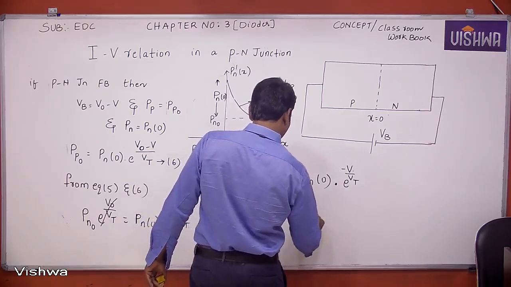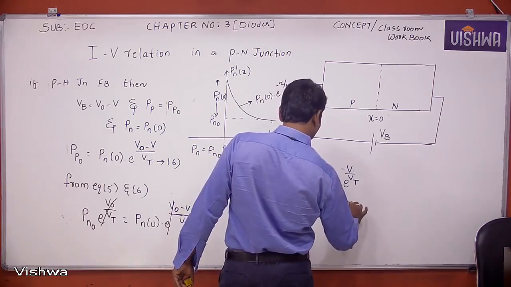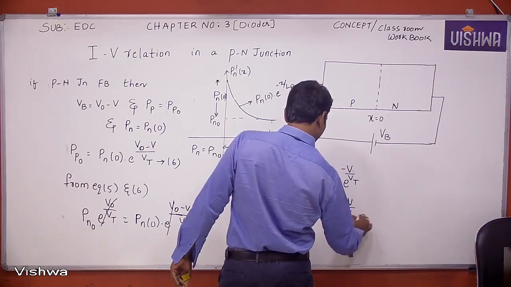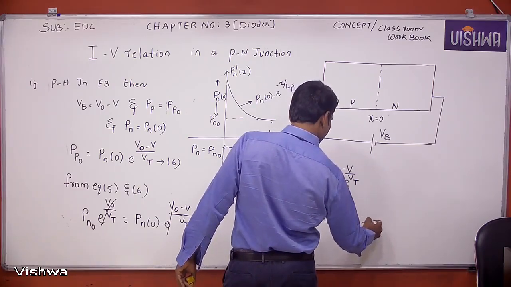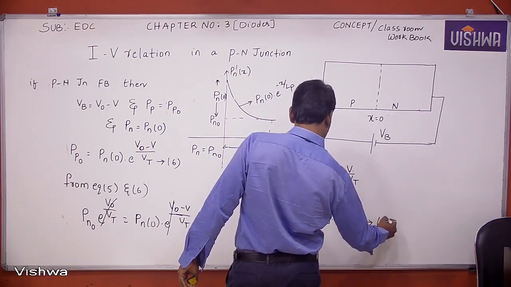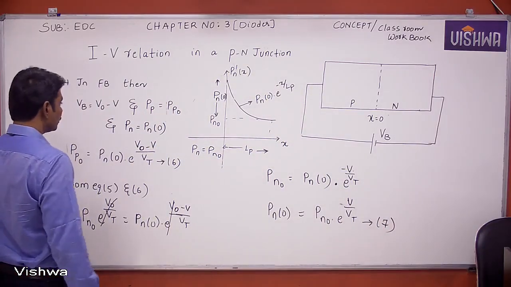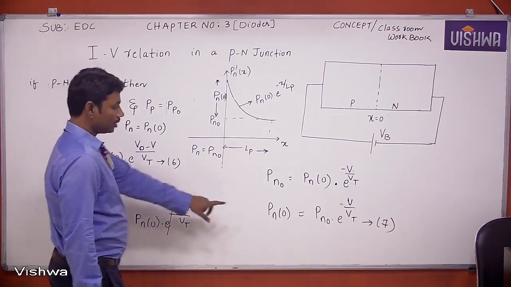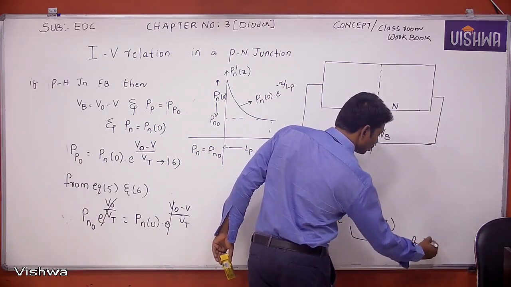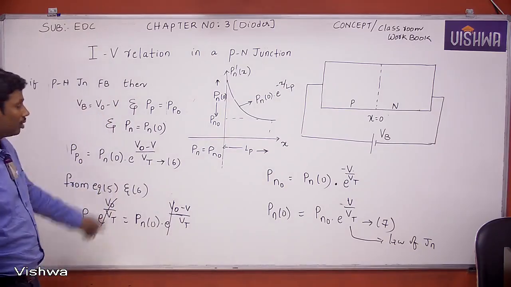Pn of 0 is nothing but Pn0 into e power V by Vt. Now consider this one as equation 7. This equation is called the law of the junction.